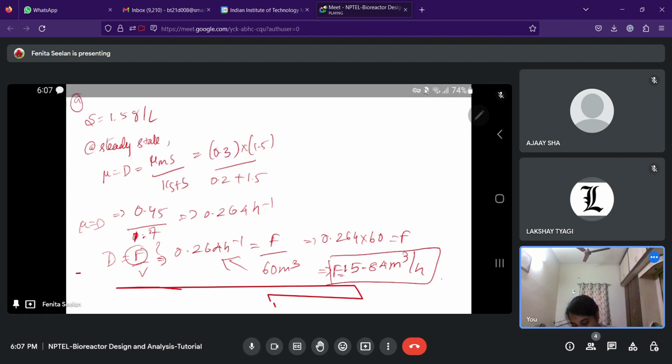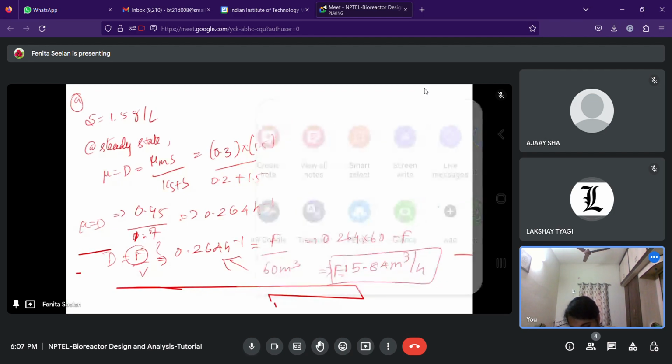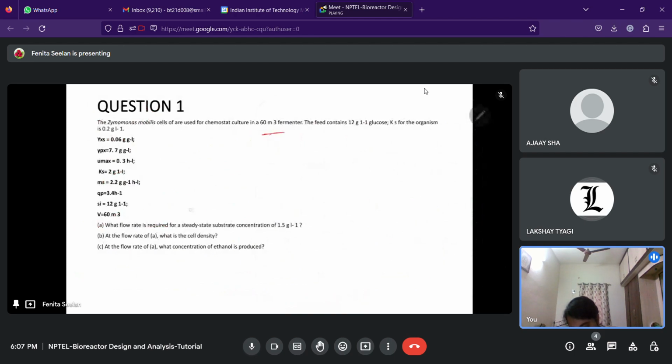Now, we have found our flow rate, which is around 15.8 meter cube per hour. With this flow rate, we have to calculate cell density.